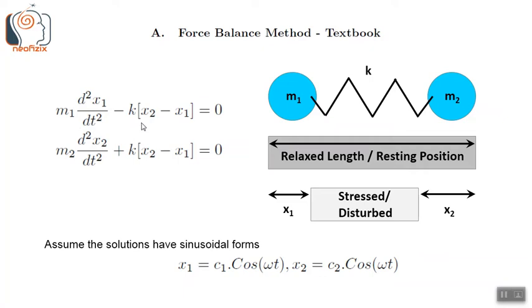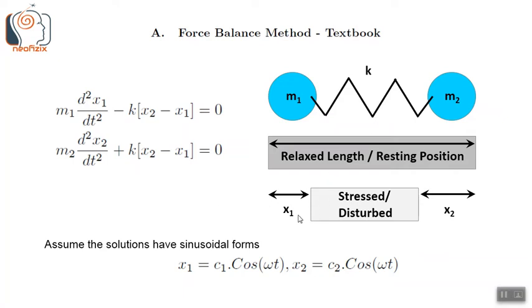Masses m1 and m2 are connected to the two ends of a spring with spring constant k. This indicates the relaxed state of the spring. Let x1 and x2 indicate the displacements of mass m1 and m2 from their resting position.